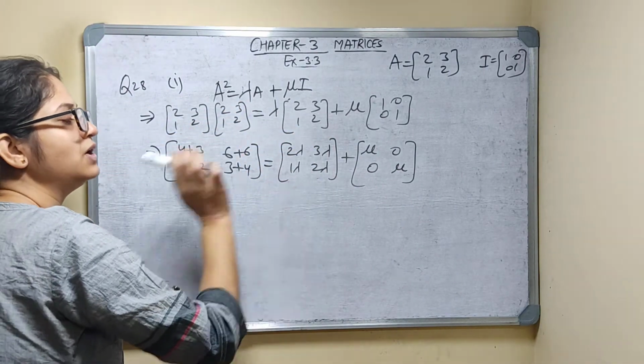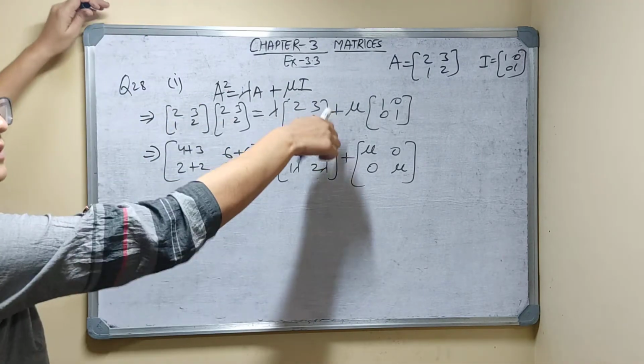The right side is [[2 lambda plus mu, 3 lambda], [1 lambda, 2 lambda plus mu]].